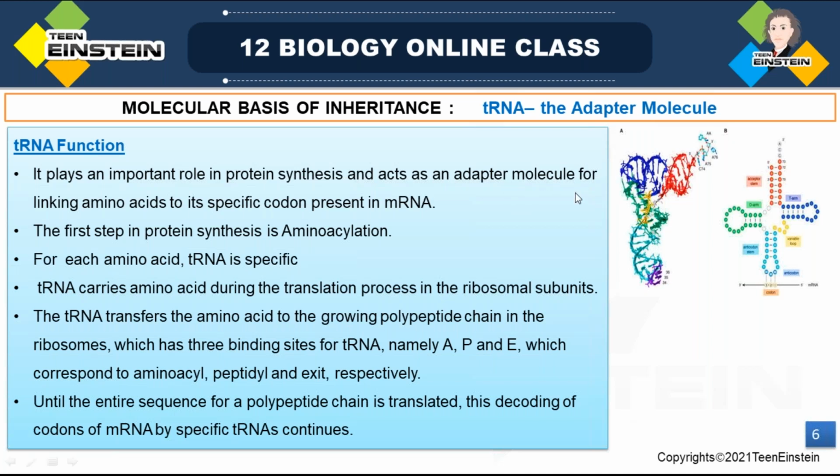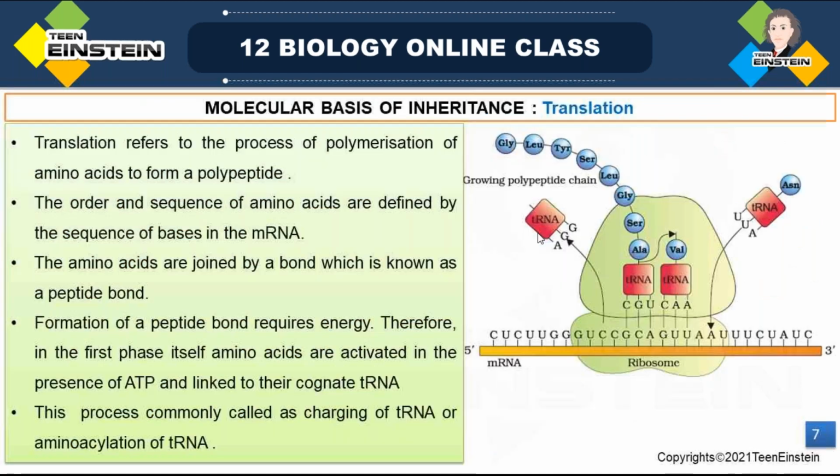The ribosome has 3 binding sites for tRNA. Which are those 3 sites?